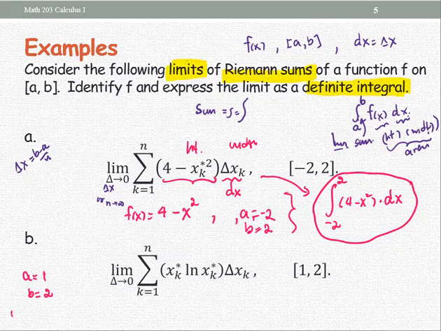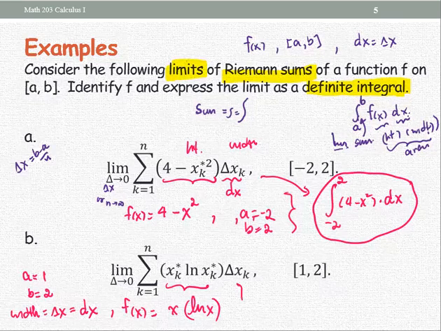Okay. And the width or the delta x is dx. And what is the function value, which is the height? The function is x multiplied by the natural log of x.